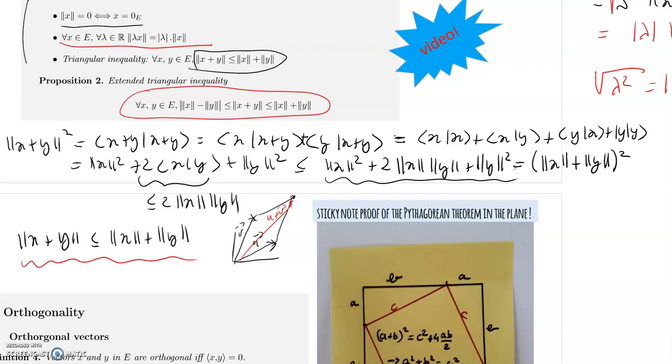You begin by saying that x is actually x plus y minus y, and so that it's going to be smaller than the norm of x plus y plus the norm of y from the previous inequality, right? So you get the left hand side of that one, and the right hand side was the previous one we proved. Great.